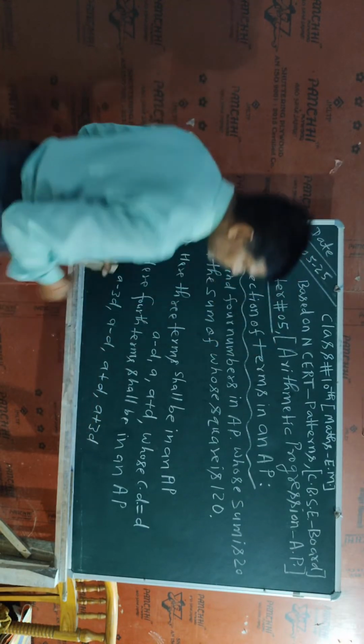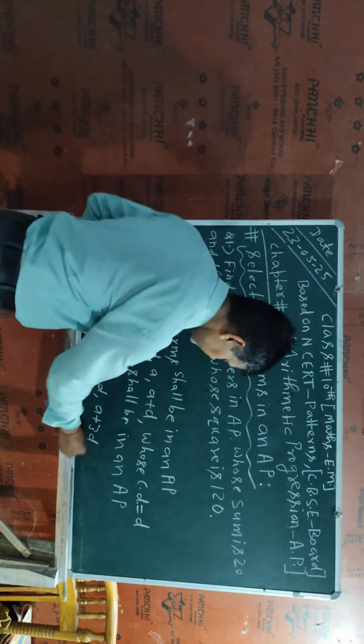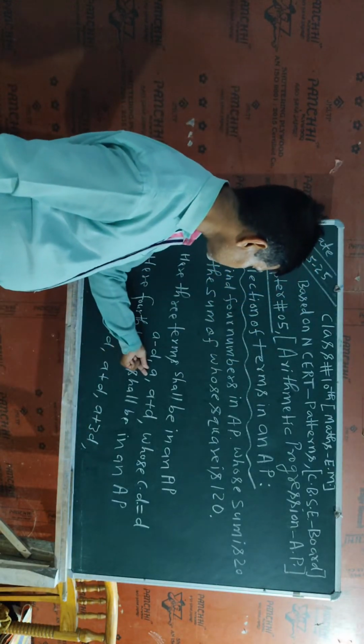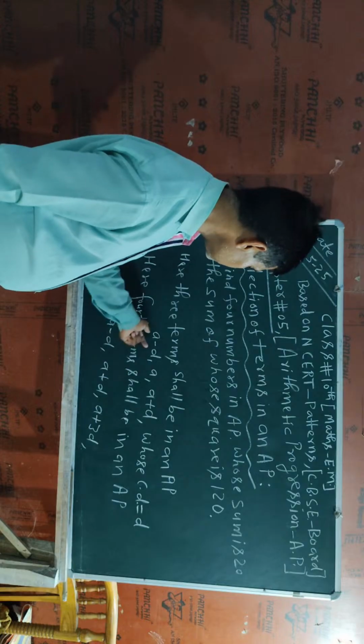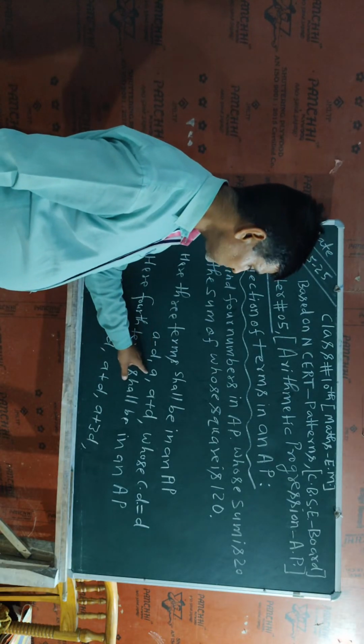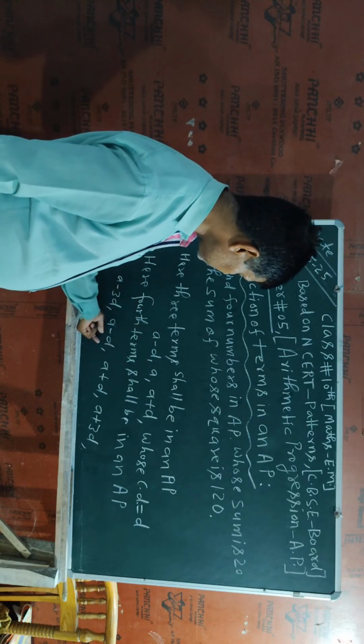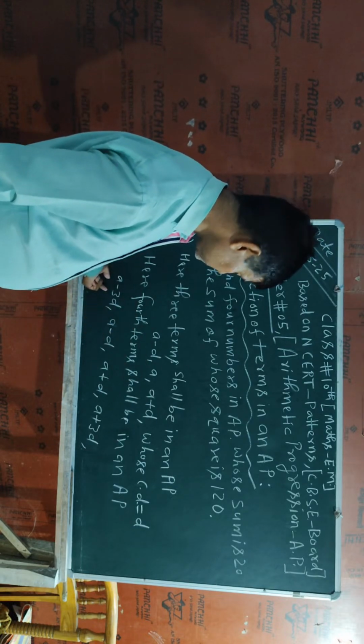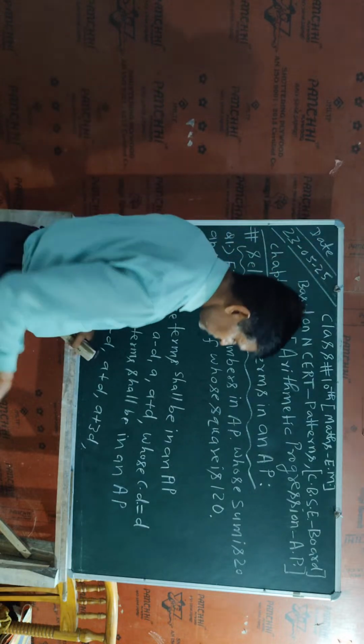In this case I will get the common difference, because if I subtract the second term a minus d from the first term, after simplification I get the value d. But here, if I subtract the first term from the second term, I will get the common difference 2d.